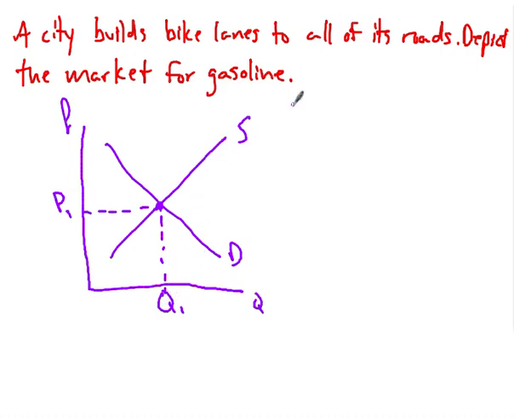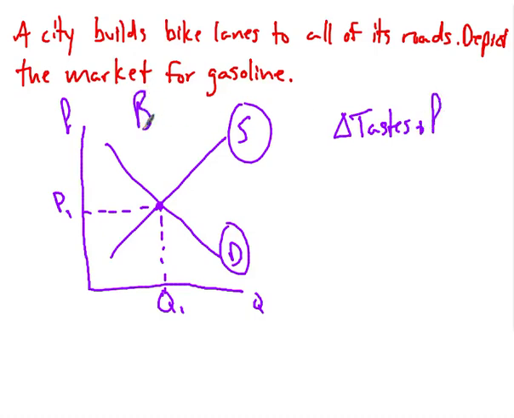And so would this be a supply curve or a demand curve issue? If people are choosing bikes, this is really a change in people's tastes and preferences, because this is the market for gasoline or petrol. You could make the argument this is a change in the price of related goods, but that's not a very good one.